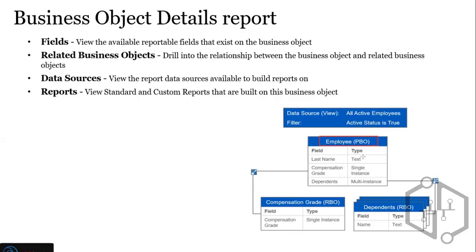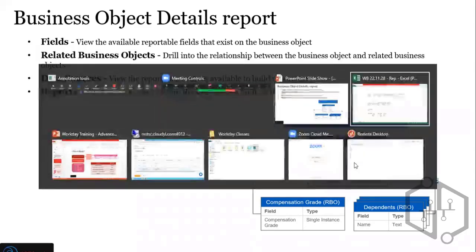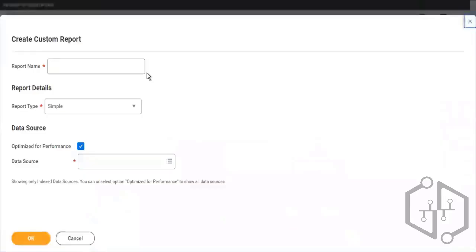So that is our primary business object in the context of the report we are creating. If let's say I create another report wherein I select my primary business object as position, then that becomes my PBO, right? So any business object whose data source is used, that becomes our primary business object.